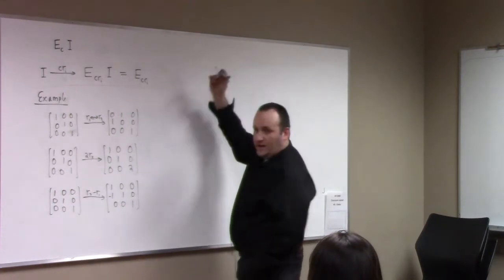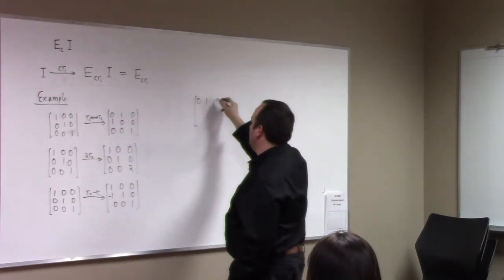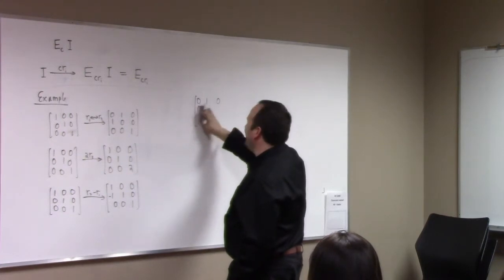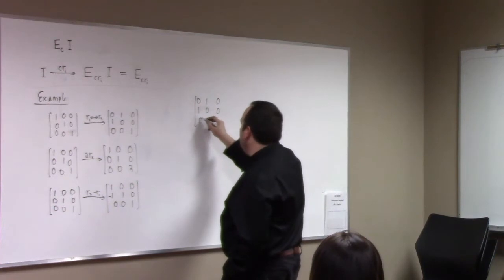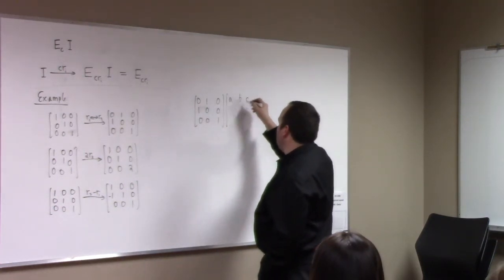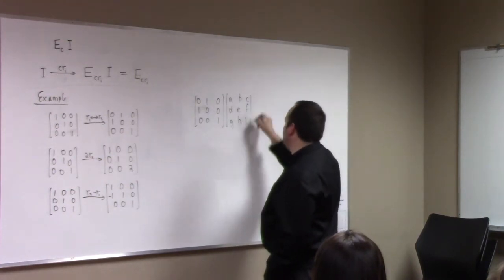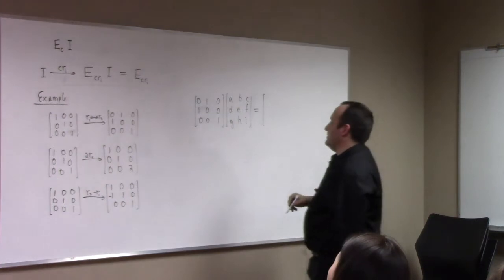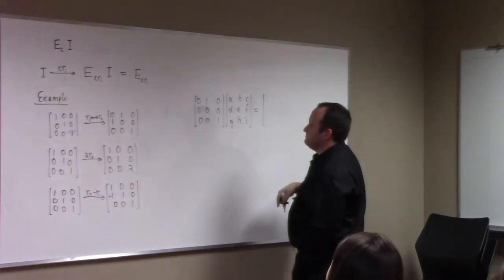So let's try it out. What happens when you take the matrix 0, 1, 0, 1, 0, 0, 0, 0, 1, and you multiply it by the matrix A, B, C, D, E, F, G, H, I? What happens? Try it out. What do you get?